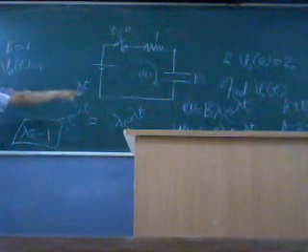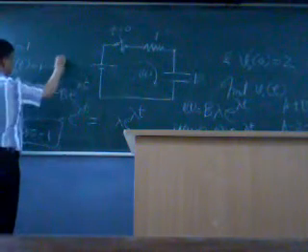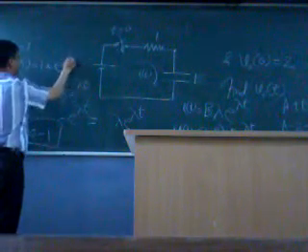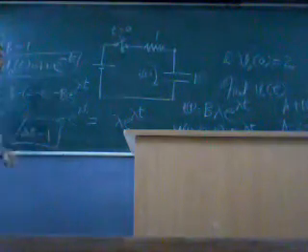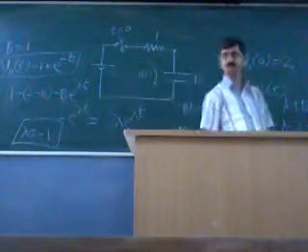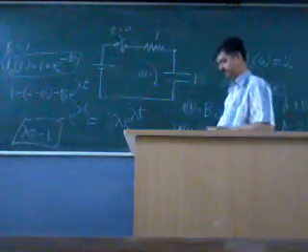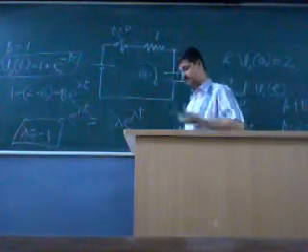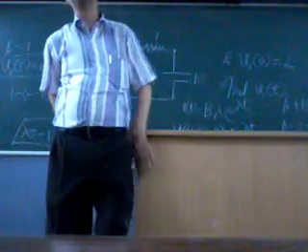B is 1, lambda is minus 1. Is it correct?